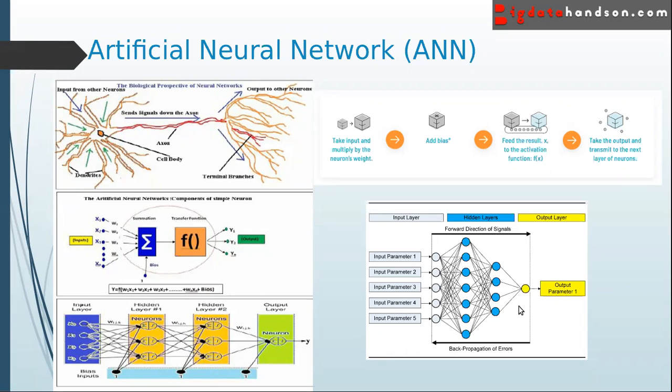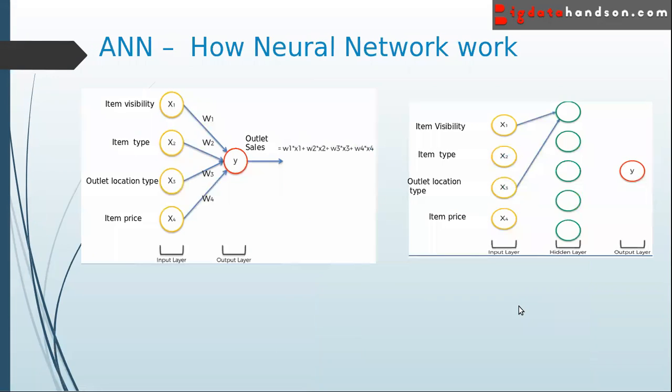Now let's see an example. Here we have x1, x2, x3, x4 features, like item visibility, item type, outlet location type, item price. Based on these features we are going to predict the outlet sales. For every neuron we'll assign a weight, like this: w1, w2, w3, w4.